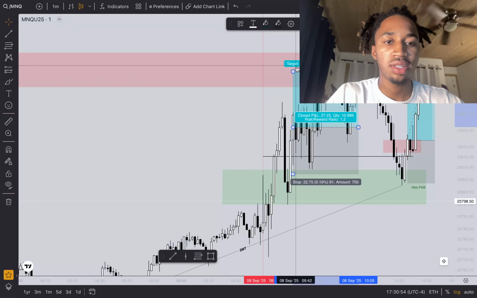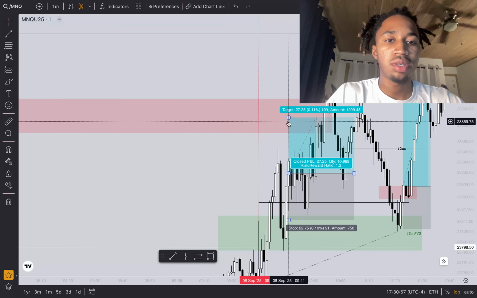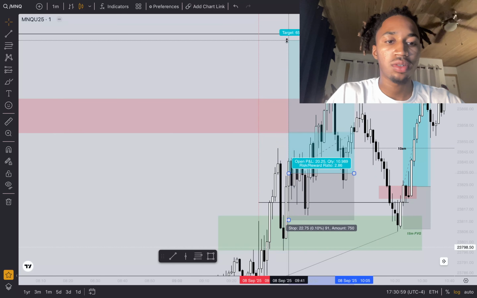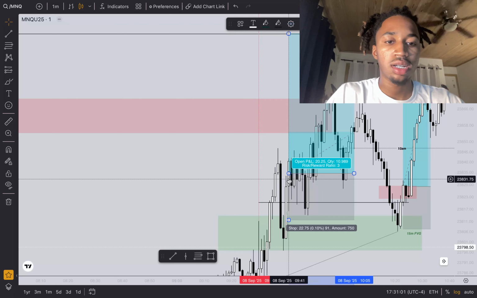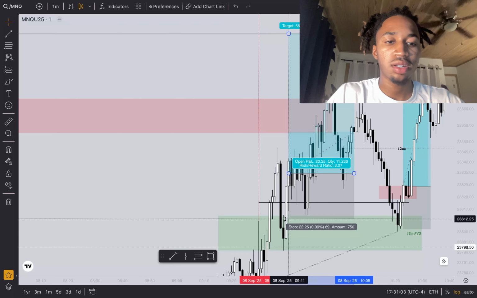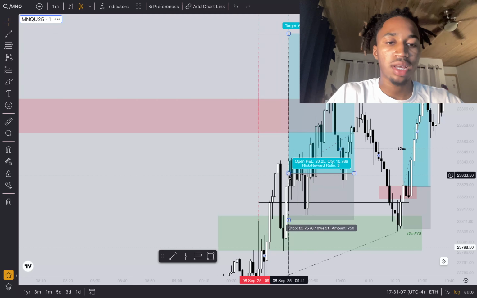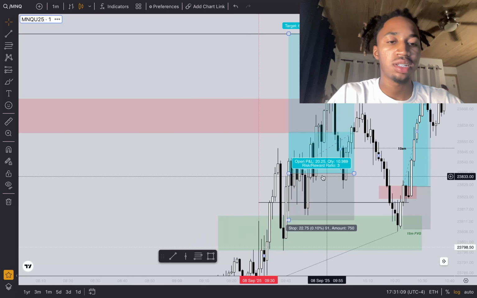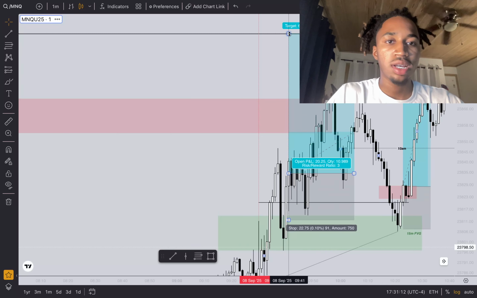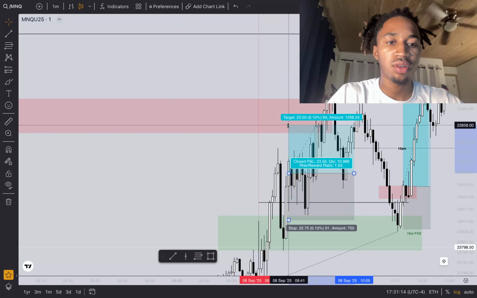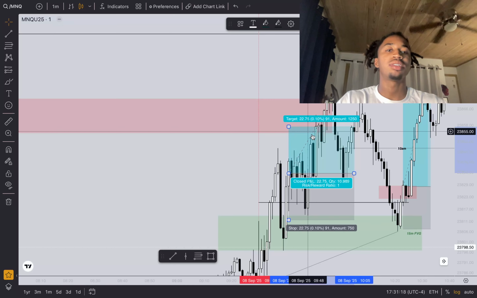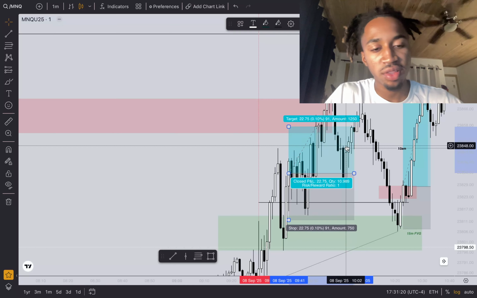Almost got wicked out, and then my full TP was 1 to 3R on the dot. So right there was my TP. Got wick edged, but never hit my stop loss. Once we got 1R in profit, this is 1R, I just wanted to scale out half of my position, ended up scaling out the whole trade, but we already went over that.